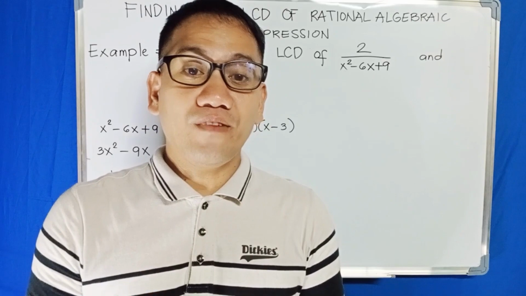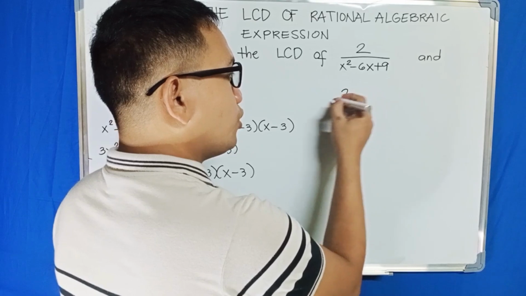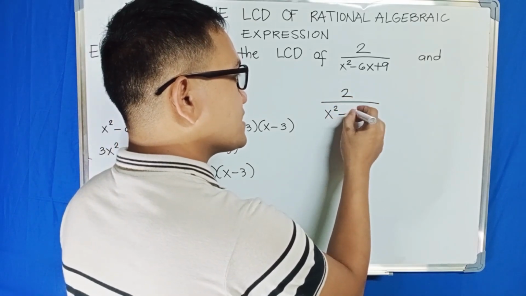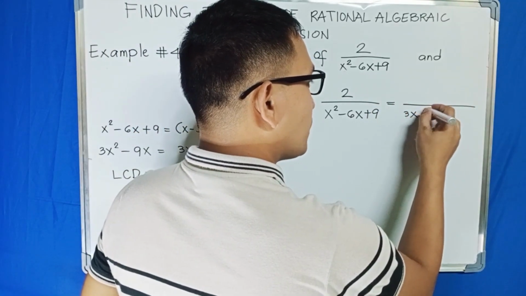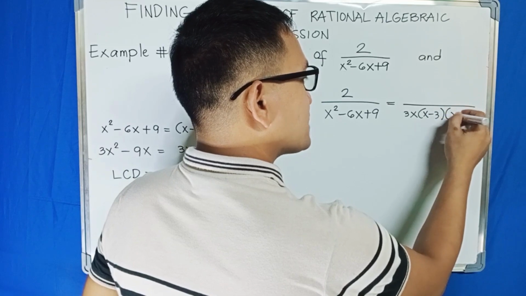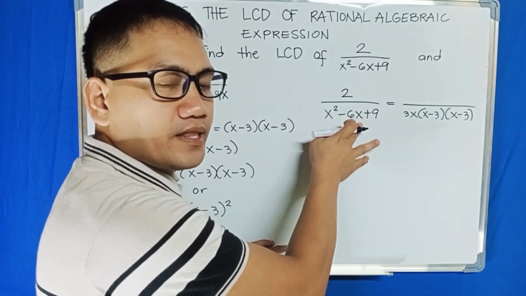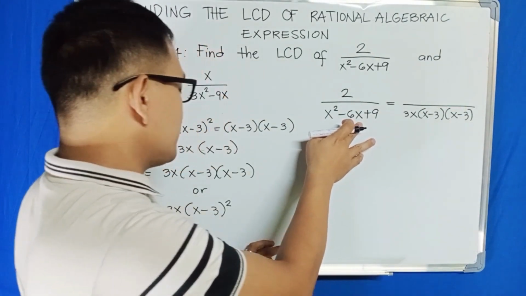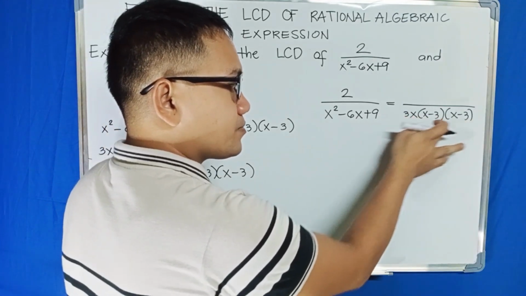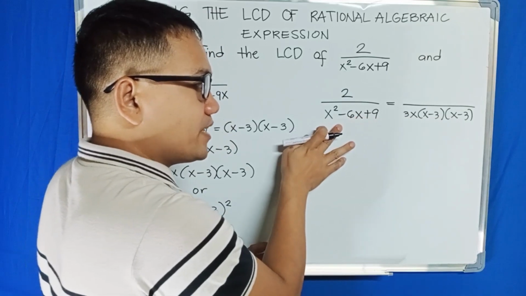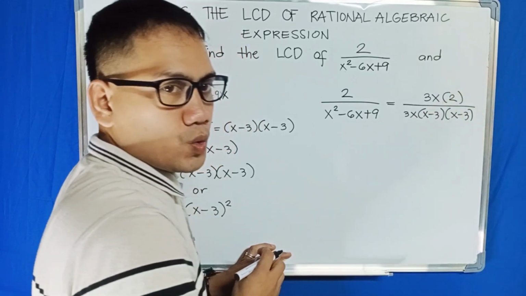And to write the equivalent rational algebraic expression of our given example, first for 2 over x squared minus 6x plus 9 with common denominator 3x times quantity x minus 3 times quantity x minus 3. Since x squared minus 6x plus 9 can be expanded into the square of a binomial, quantity x minus 3 squared, therefore LCD divided by x squared minus 6x plus 9 is 3x, times our numerator, which is 2.